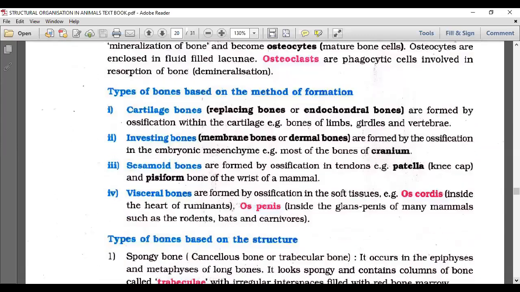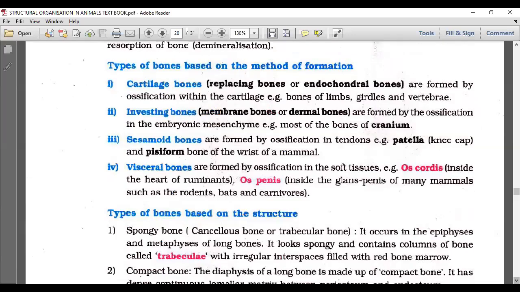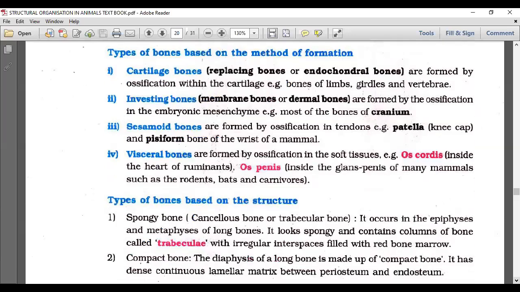Then let's come to the types of bones based on the method of formation. There are four types of bones: cartilaginous bone, investing bone, sesamoid bone, and visceral bone. Before we go there, we need to know a word called ossification.